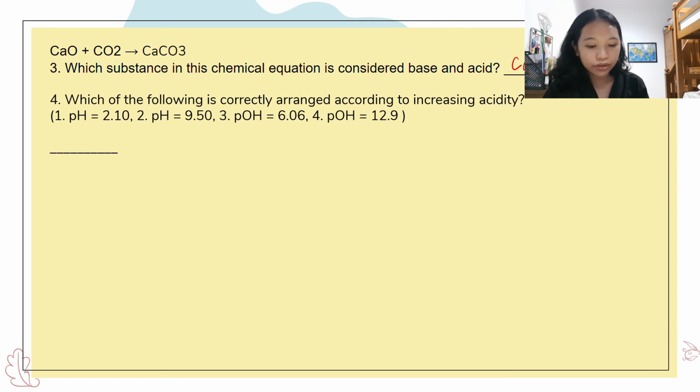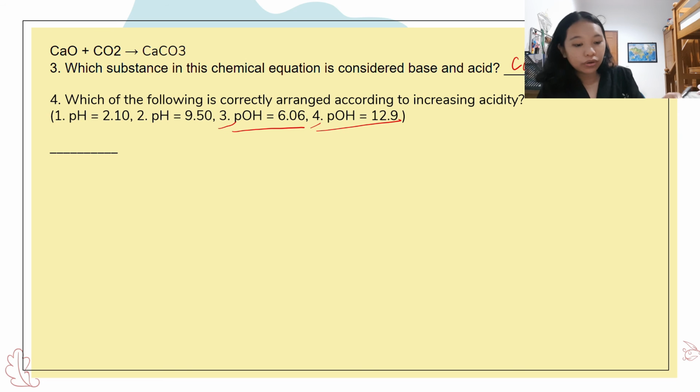Okay, let's head into the next question. Which of the following is correctly arranged according to increasing acidity? Okay, pause and play, guys. So let's see first. Let's find out the pH of solution number 3 and pH of solution number 4. So we know that pH plus pOH equals 14.